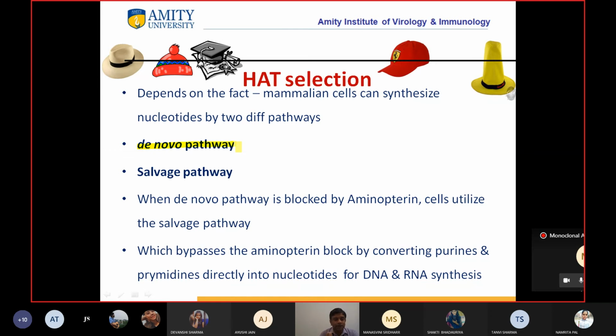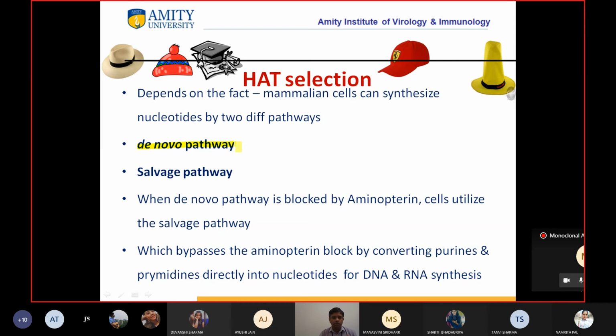When these nucleotides are formed, they form the DNA. I'm sure you have read the structure of DNA. You know what a nucleoside is, what a nucleotide is, how the DNA structure looks. So if these nucleotides are not formed, the DNA will not form, and the cell will die.